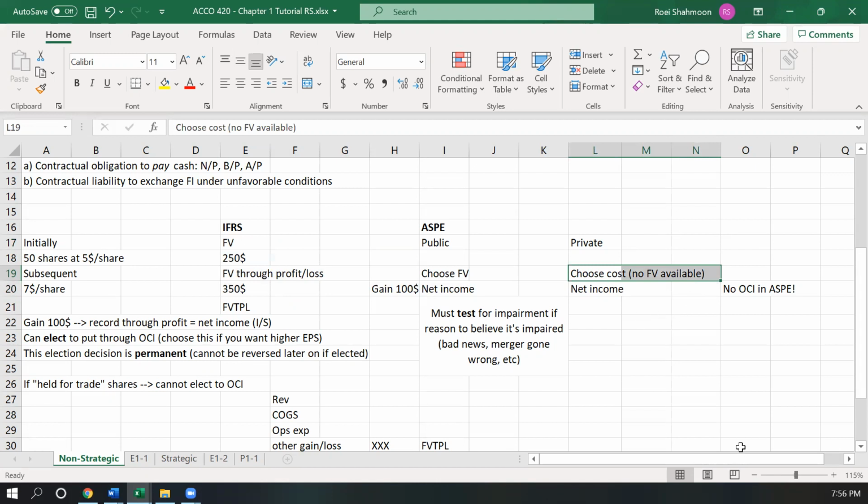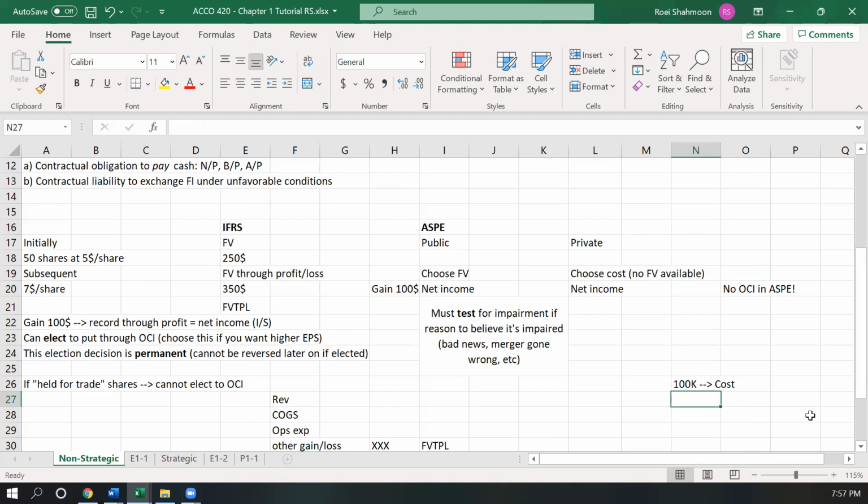So the only other method that you can use, and you have to use, is the cost method. The cost method is super simple. You take whatever you paid, and that's what goes on your balance sheet as an investment asset. So I paid $100,000, this is my cost, and that's what goes as an investment.